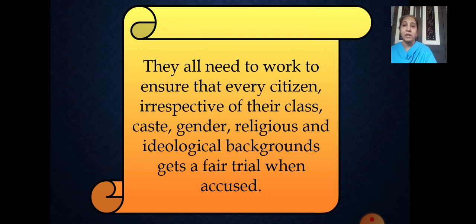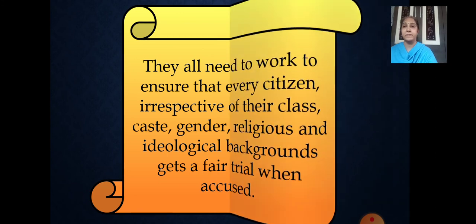Correct? If even one person from these main key players doesn't play the proper role, then definitely that is going to affect the case. Then it's going to be unfair to the accused person. So all need to work to ensure that every citizen gets a fair trial.